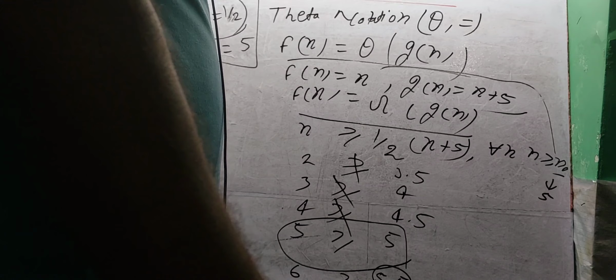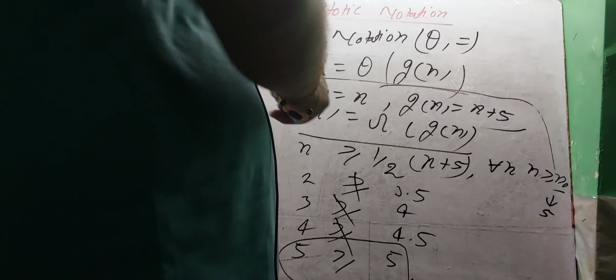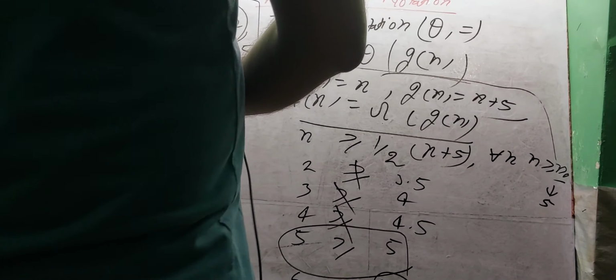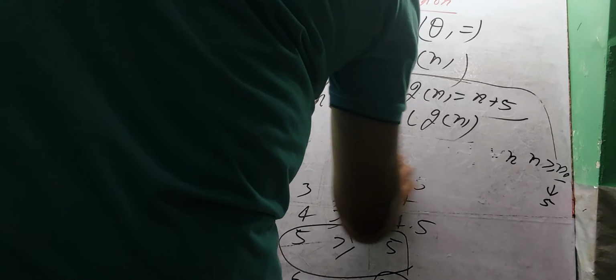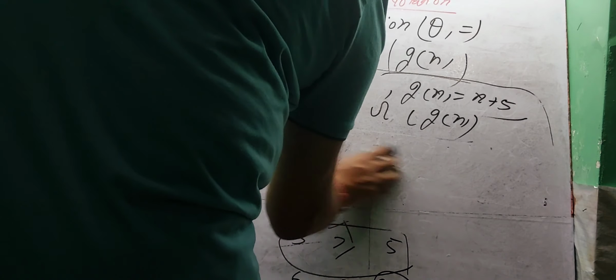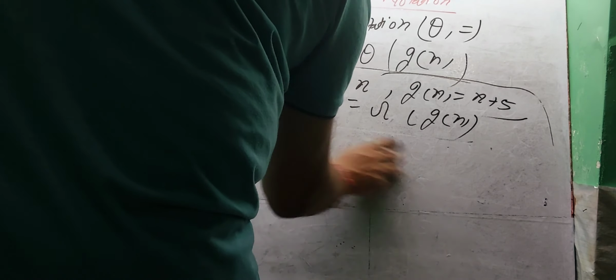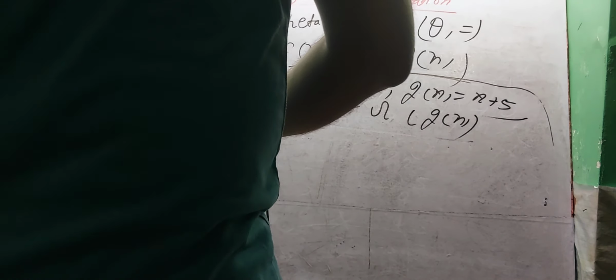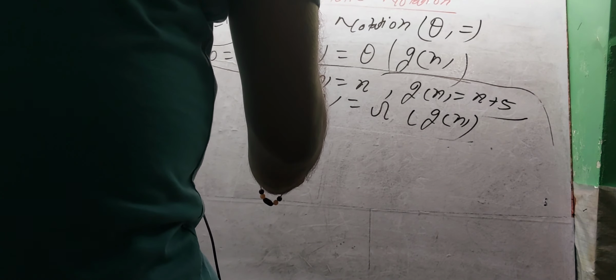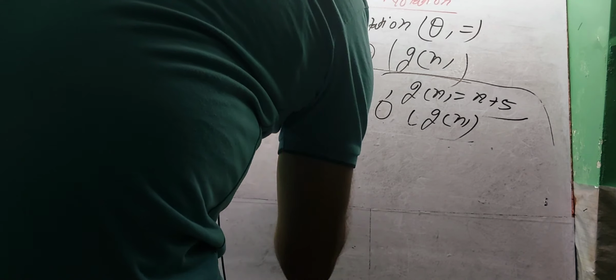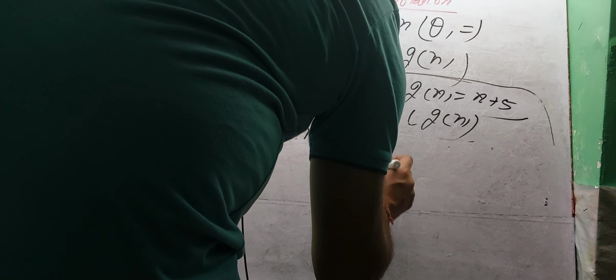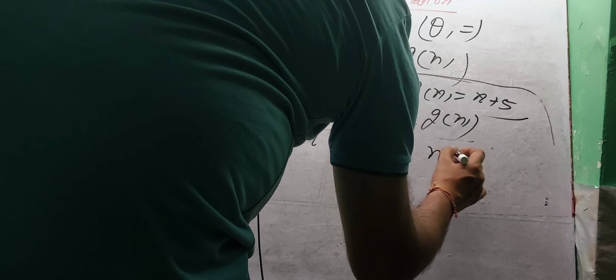Now we need to prove that the right hand side is greater than the left hand side somehow by taking any constant value c, and for that c value we will also need to find n naught for big O. Now try to prove for big O. f of n is n, c2 dot n plus 5.